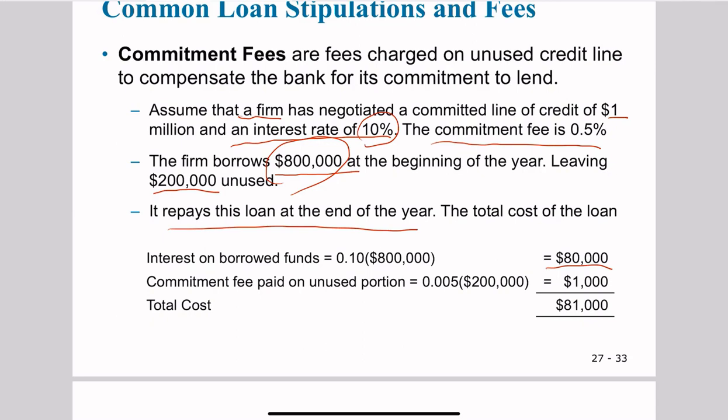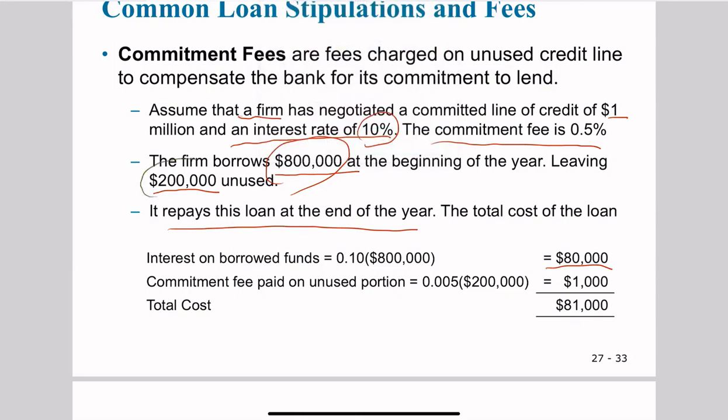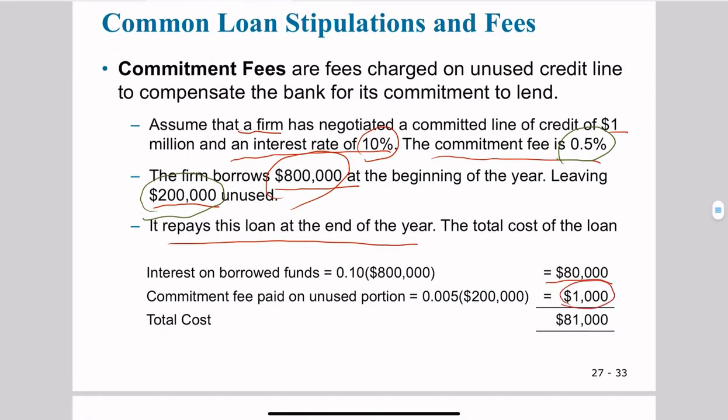We know that the commitment fee is 0.5%. So the second part of the charge would be the unused amount times the commitment fee. So it's $200,000 times 0.5%, which gives us $1,000.